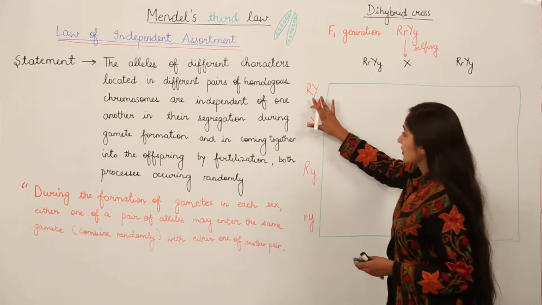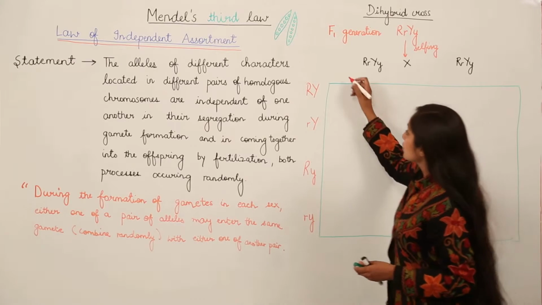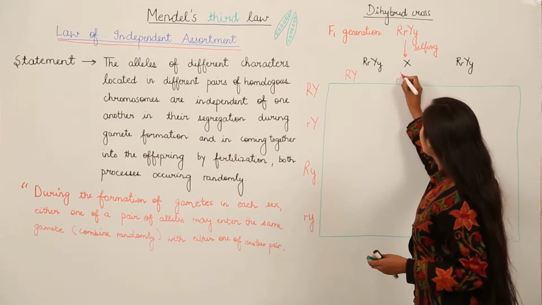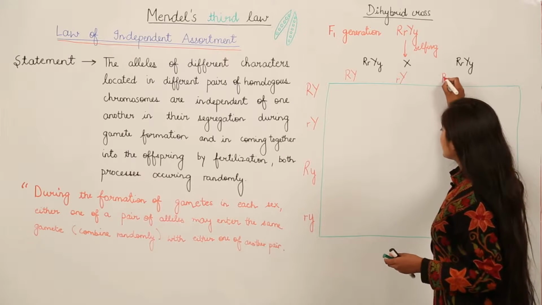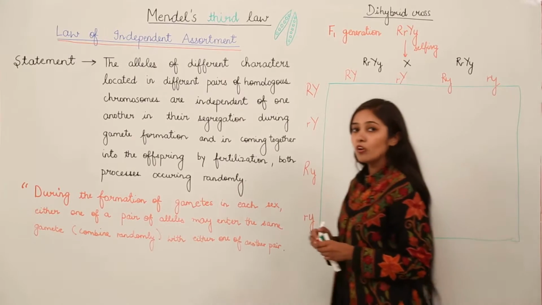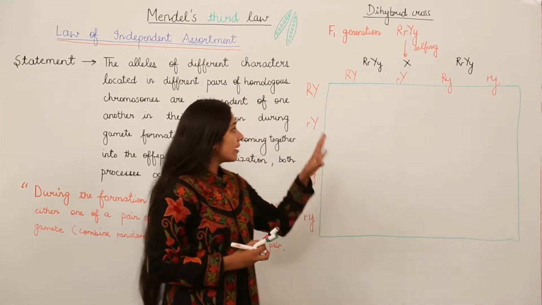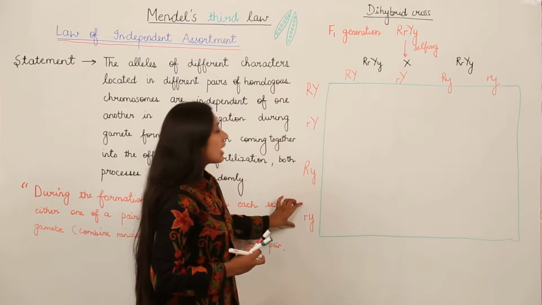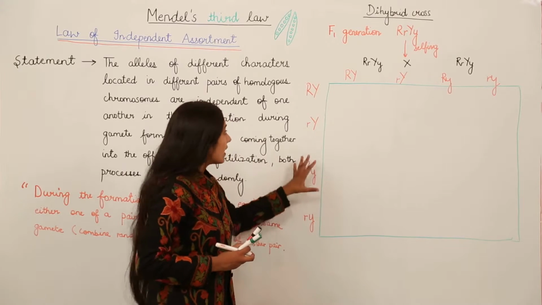The same pair you write here. So here also we have capital R, capital Y, small r, capital Y, capital R, small y, and small r, small y. I hope that till now you don't face any problem. Remember, I have just written the 4 possible outcomes that we can arrive at.